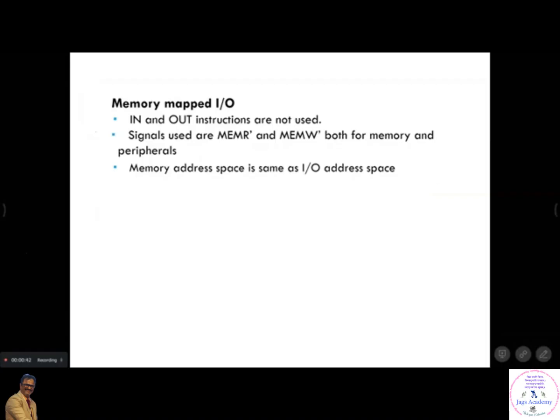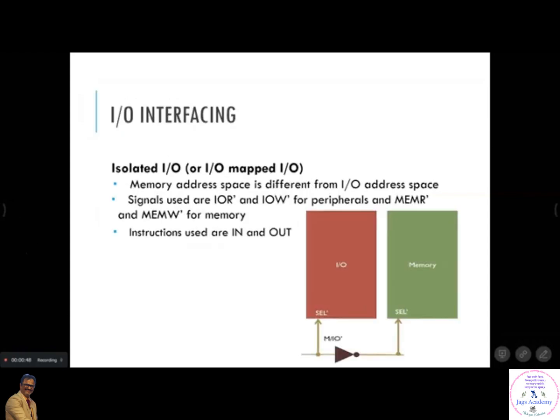If you remember what was covered in the last class, you will know about isolated I/O, or I/O mapped I/O. What is this? In simple terms, your microprocessor and I/O are directly connected through an I/O pin.